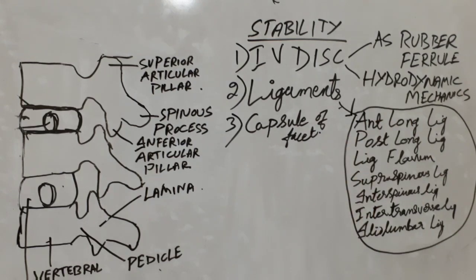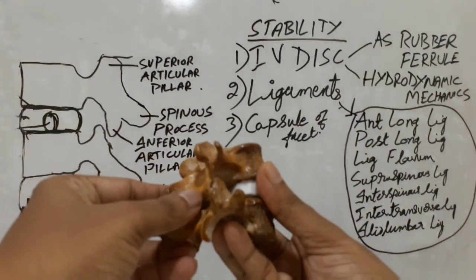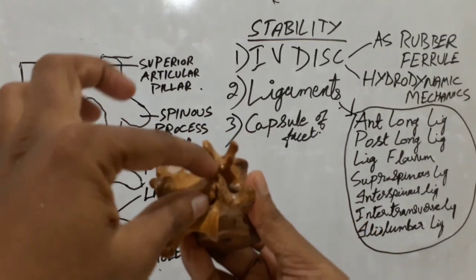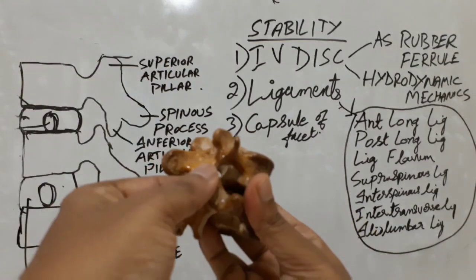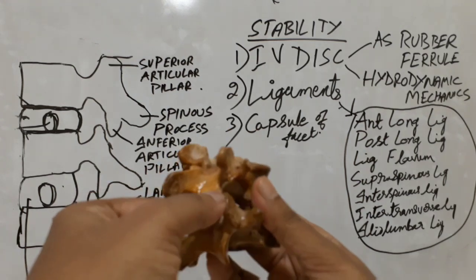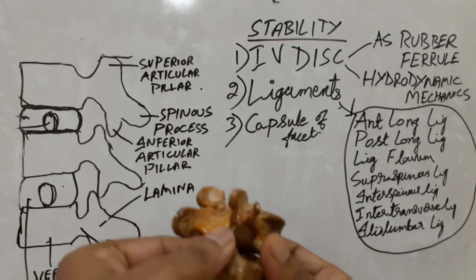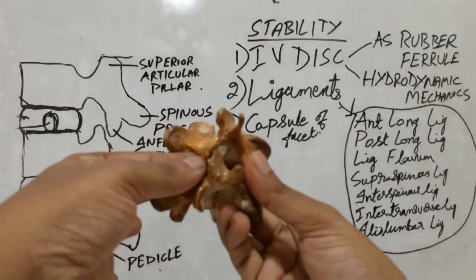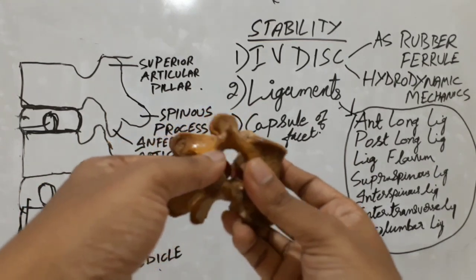So you have a facet joint, and surrounding, since you know that the facet joint is a synovial joint, covering this facet joint you have a capsule.